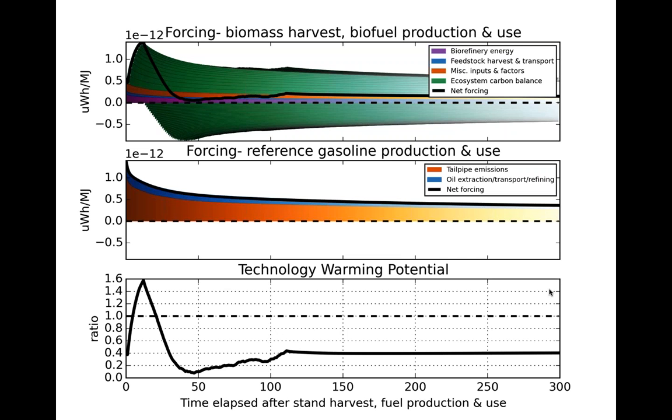I think the way to say it is, after 20, 25 years, the amount of additional CO2 in the atmosphere as a result of doing biofuel is only 60% of what it would have been had you done an equivalent amount of conventional gasoline. After 30 years, after 50 years, after 60 years, that ratio is changing over time because the regrowth dynamics of the forest are different than the dynamics in the fossil system.